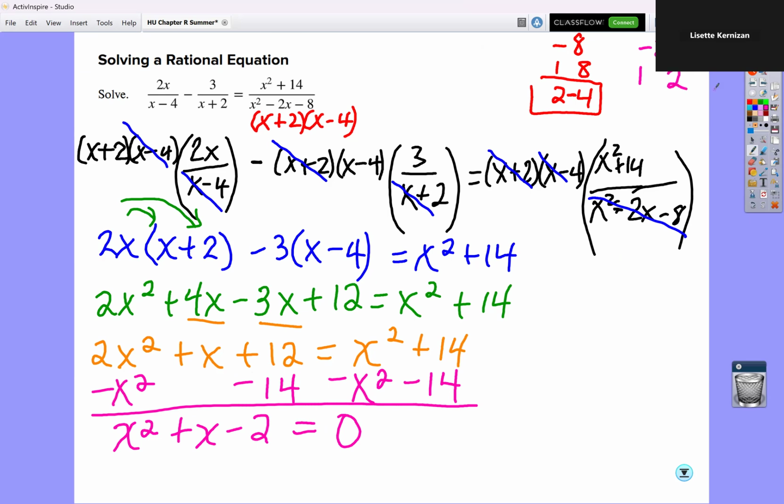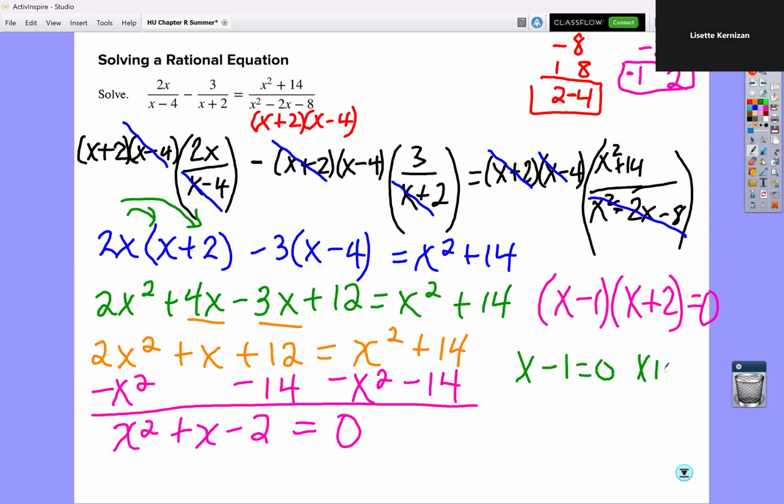So 1 times 2, I need them to add up to 1, so this one's going to be negative. So I have two factors, x minus 1 and x plus 2 equals 0. And then we solve. So x minus 1 equals 0, x plus 2 equals 0.